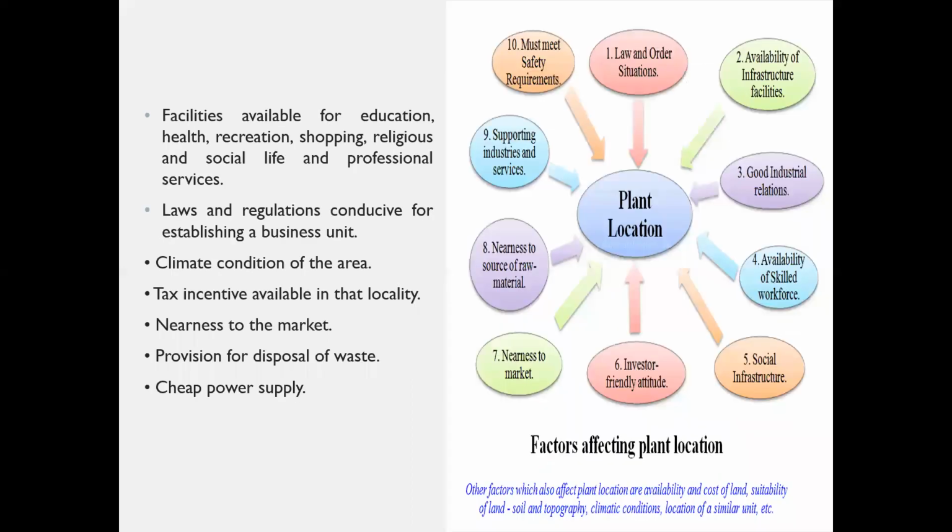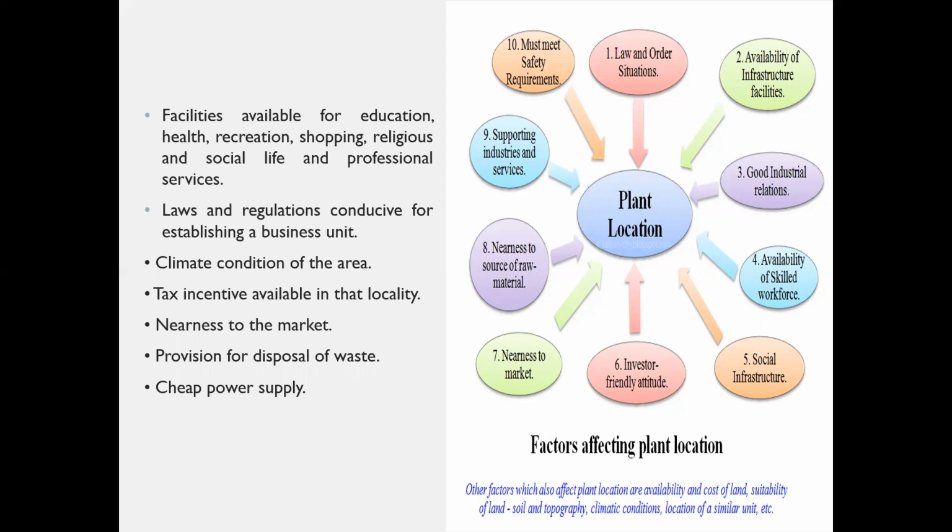Next, these are a few of the factors to be considered when selecting a location which you are seeing in this image. In that they are telling law and order situation, availability of infrastructure facility, good industrial relations, availability of skilled workforce, social infrastructure, investor friendly attitude, nearness to market, nearness to source of raw materials, supporting industry and services, and must meet safety requirements.